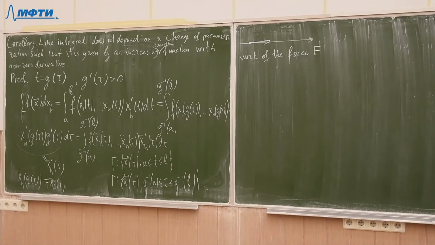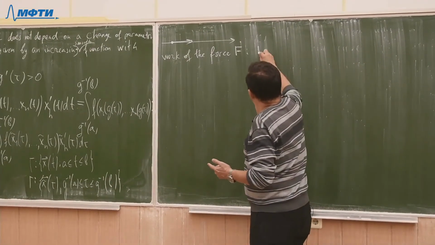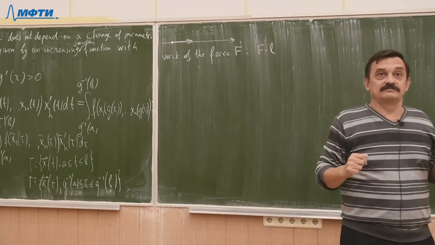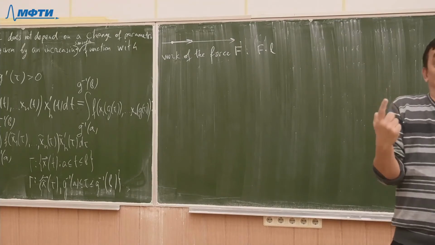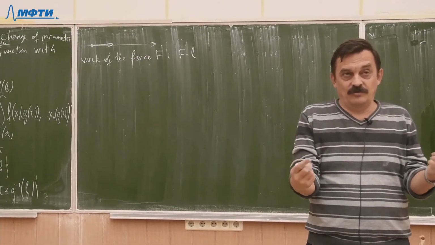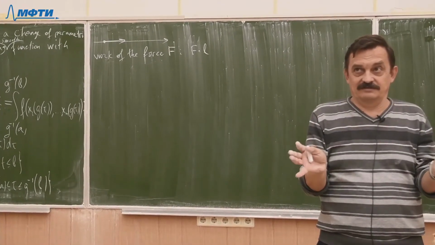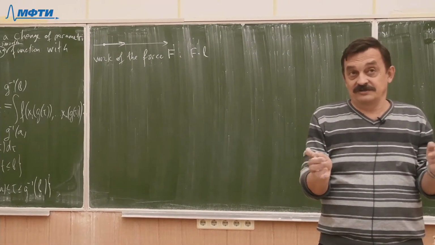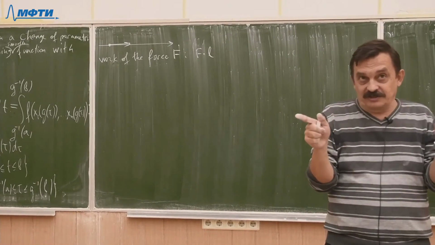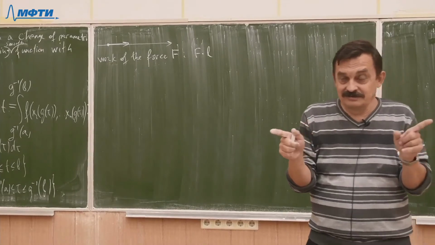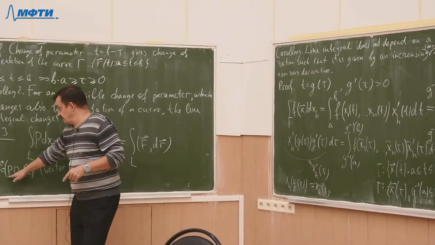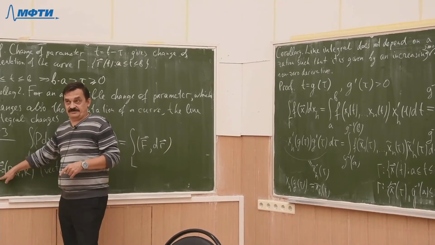We should multiply F times the length, right? If the force is constant. But now look, we are in space, right? So the force is a vector which has 3 coordinates in general, right? These are the 3 coordinates of the vector of force. That is why F is used here.